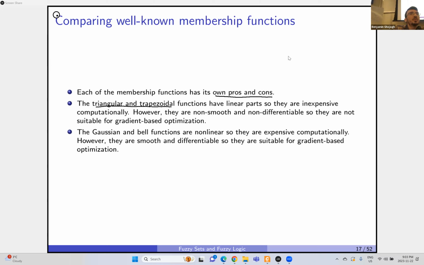But this also is a problem because they are not smooth at the intersections of the linear parts, so they are not very suitable for gradient descent and optimization if you want to use optimization. The other way around, Gaussian and Bell functions are smooth, so they are good for optimization, but they are hard to compute the membership value because they are not linear, right? Their own pros and cons, it's a trade-off.